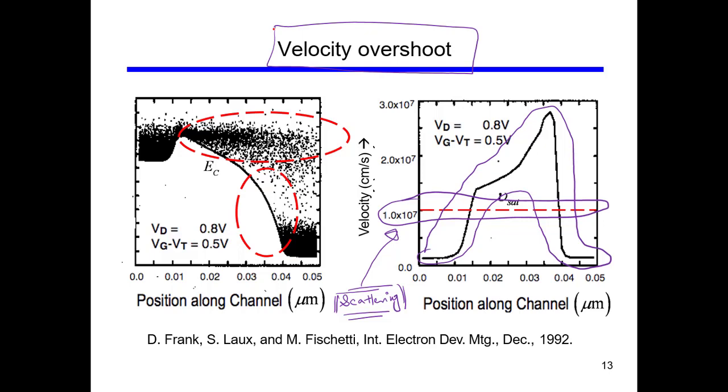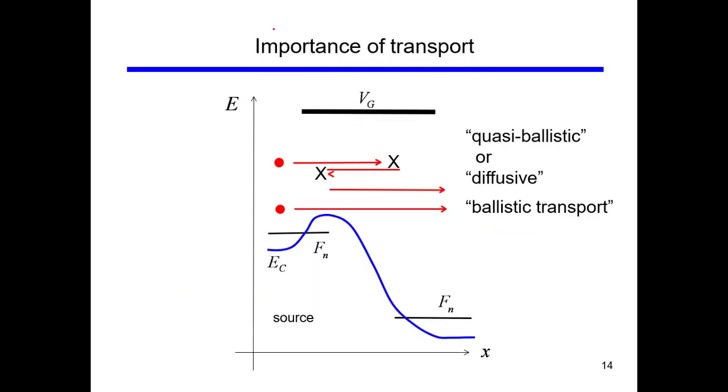This is one exception that is not explained by the velocity saturated model. As we know, transistors are getting smaller and smaller, and weird kinds of phenomena and weird kinds of physics are coming into play. So this is one of them.